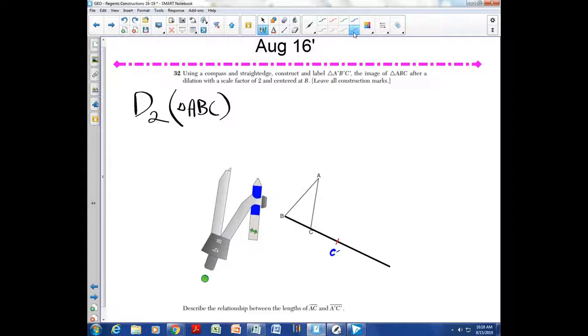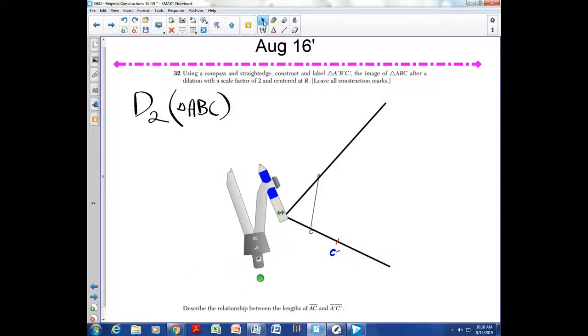So now we're going to do the same process with BA. So I'm going to really create a ray B through A. Always make the line much longer than is necessary. I could see how long BA is, so I make this much longer than I need. And then I'm going to do the same exact thing that I just did.